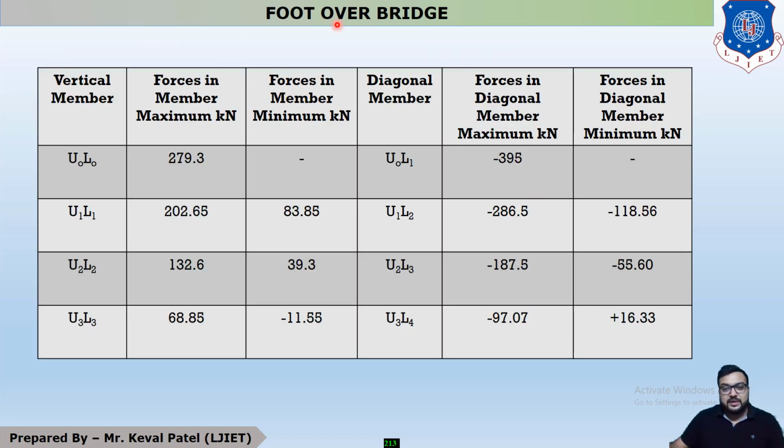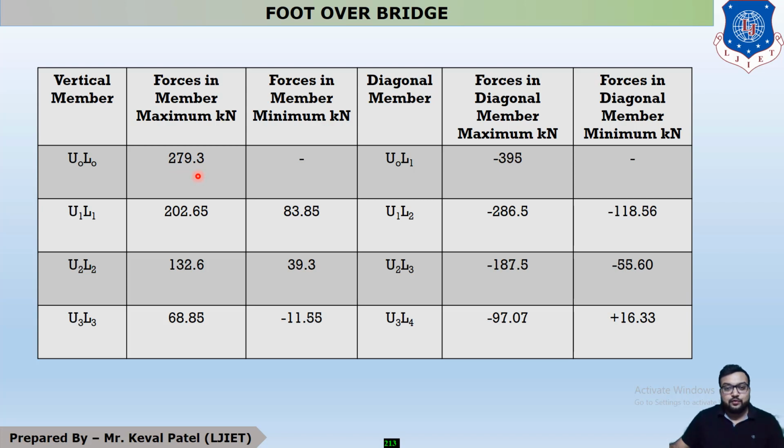You can see that there is one table in which the first three columns are your step number 11, which was calculated in our last lecture, and the remaining three columns are today's session's answers. Your first vertical member is U0L0, and its value is 279.3 kilonewton.